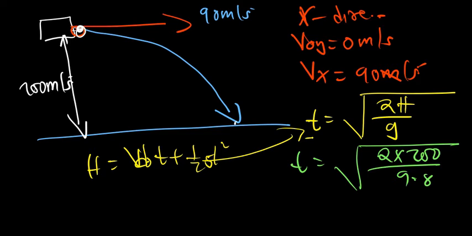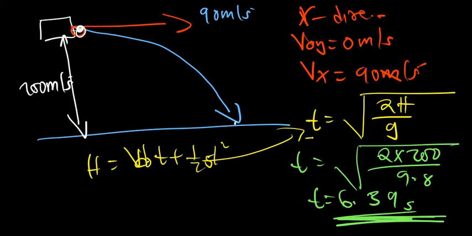So 2 times 200 divided by 9.8, then the square root of this is 6.388, which is about 6.39 seconds. This answer was 5 marks, just doing that. Projectile motion is one of the simplest topics, guys, as long as you understand the concept.